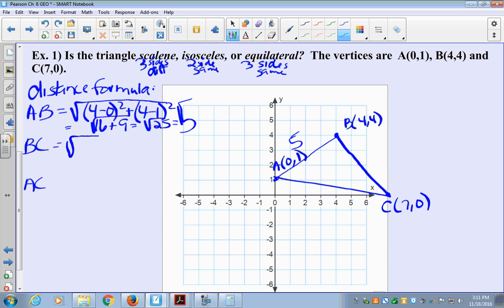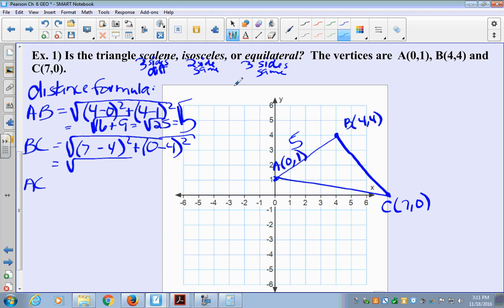BC, we're going to take our x's and subtract them. So that would be 7 minus 4. And then our y's subtracted, that would be 0 minus 4, squared.